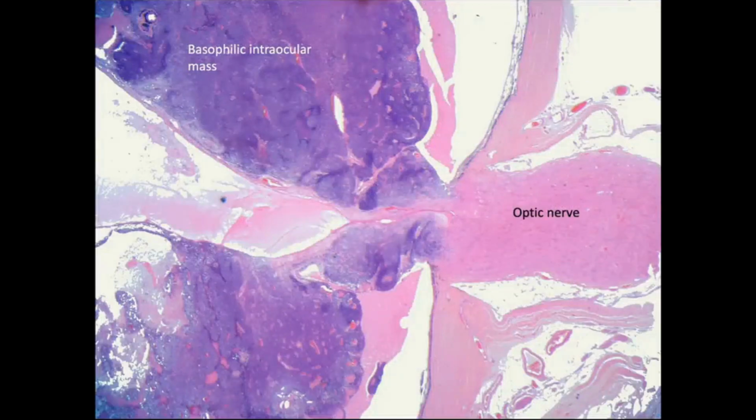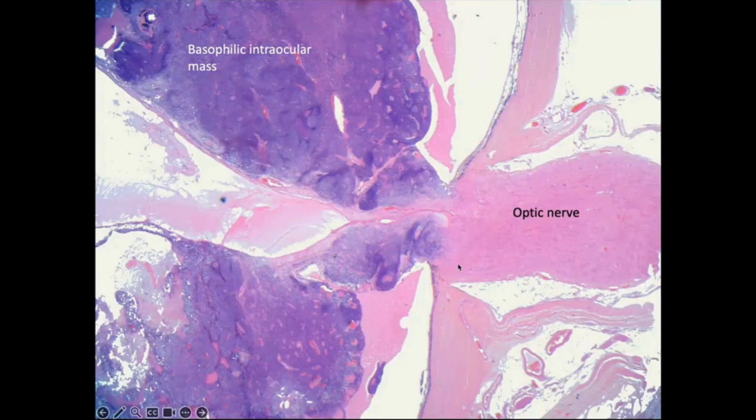What is really important when you're reporting retinoblastomas is, A, any involvement of the choroid, and B, any involvement of the optic nerve. So here you can see a low power magnification of the optic nerve, and there is a structure called the lamina cribrosa.